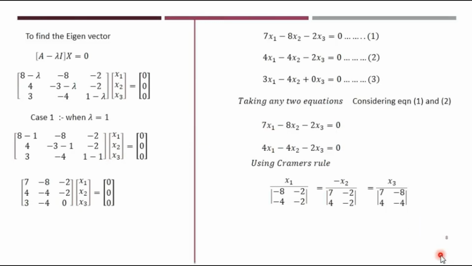Clear? Any doubt up till now? First we wrote this matrix, put lambda as 1, then rewrote this matrix form in the form of an equation. Considering any two equations, I have taken 1 and 2, and then we are using Cramer's rule.